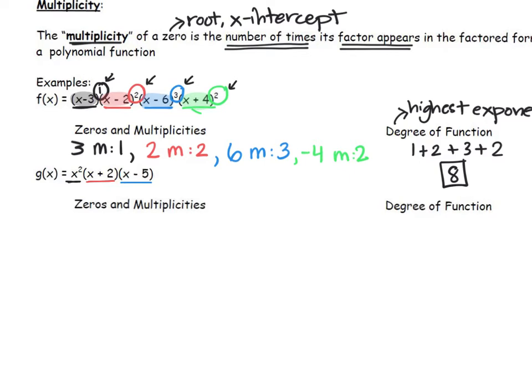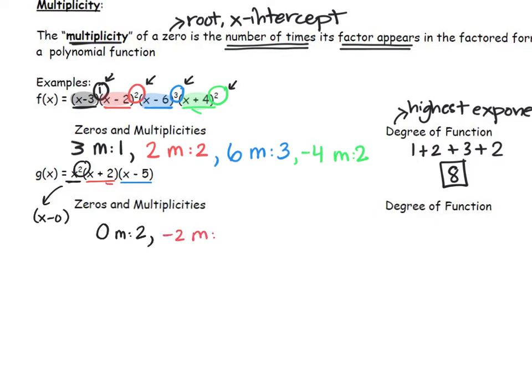Remember, if there's a factor of just an x, it's really like writing the factor x minus 0, right? We just don't write the minus 0. So that means that there is a zero of 0, and the zero has a multiplicity of 2. So 0 multiplicity 2.